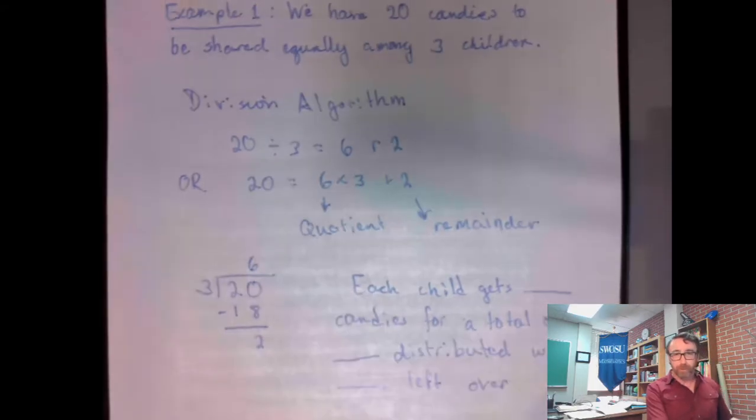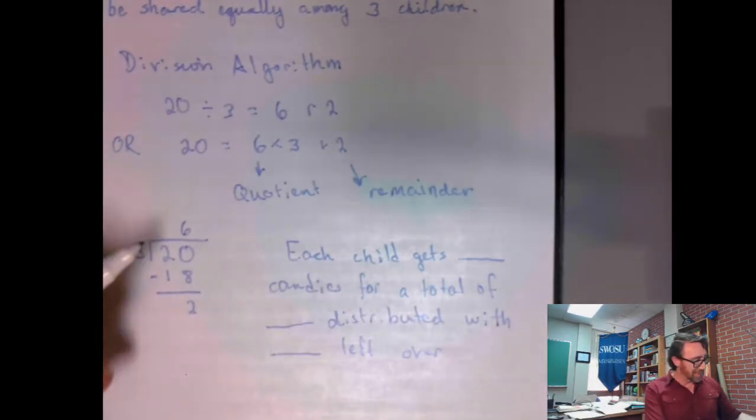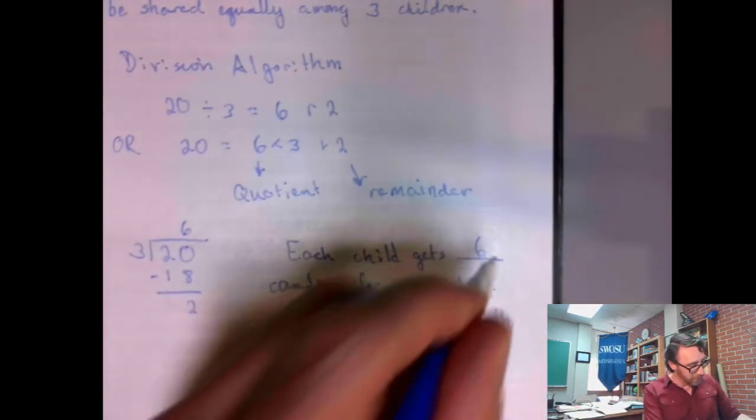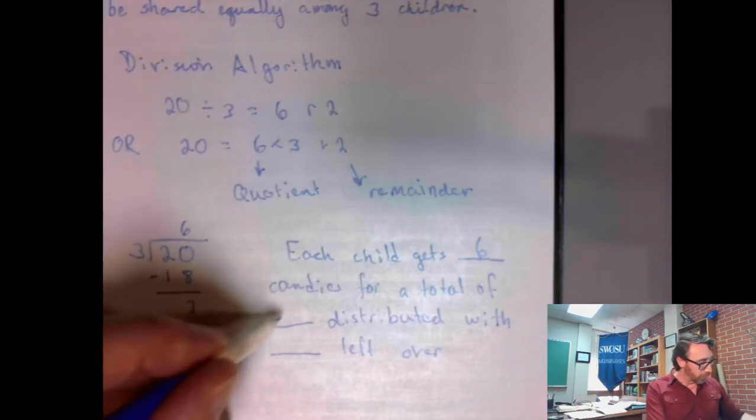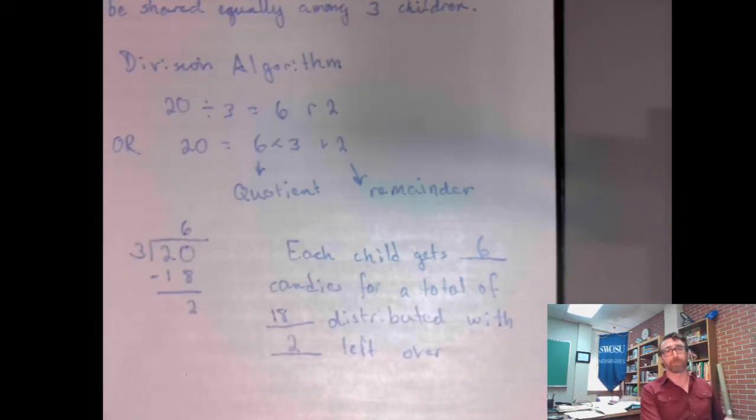Okay, so each child gets 6 candies for a total of 18 distributed with 2 left over.